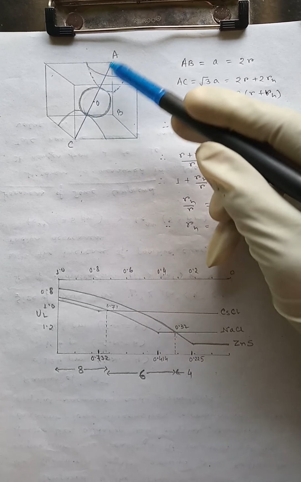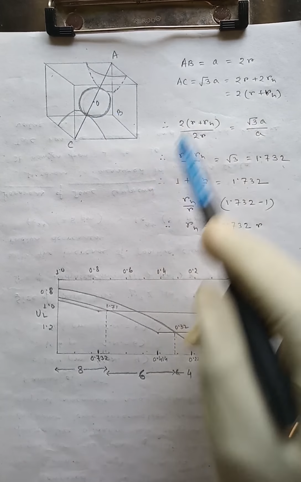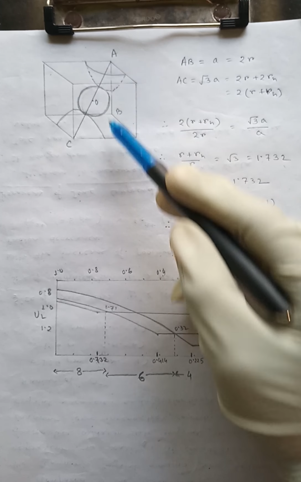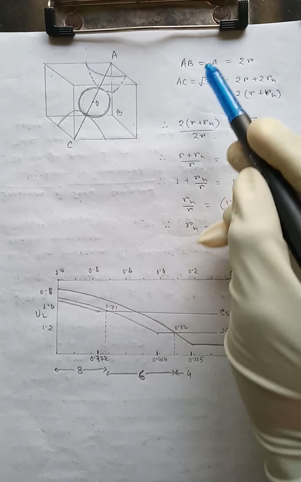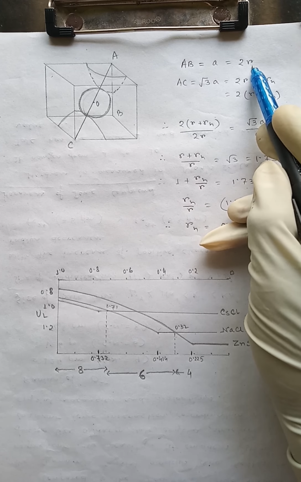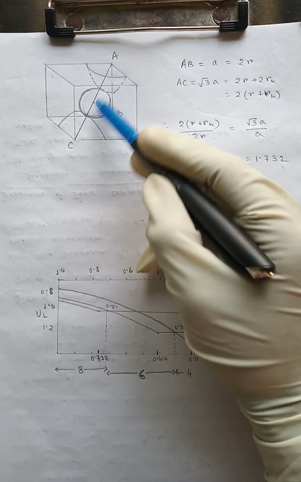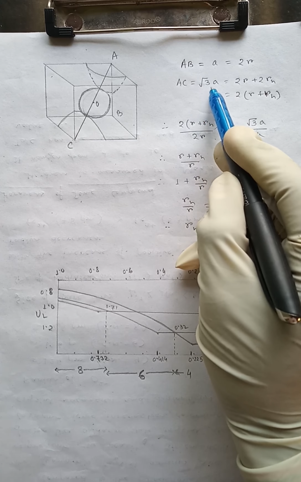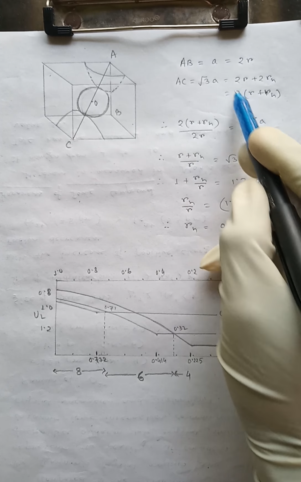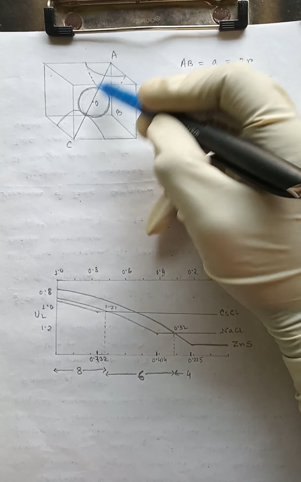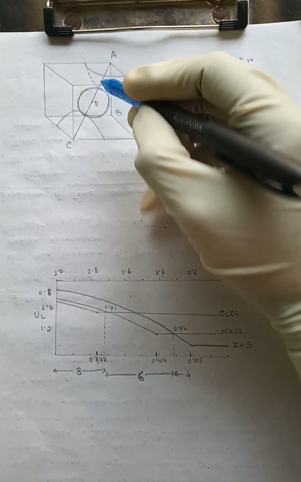So we have to consider the body diagonal, and AB, this is the edge length, which is equal to 2r. So AB is equal to 2r, where r is the radius of anions, and AC, the body diagonal, which is equal to root 3 a, is equal to 2r plus 2rh.